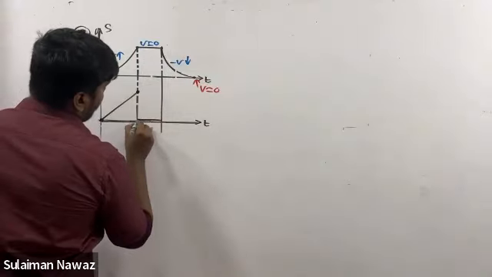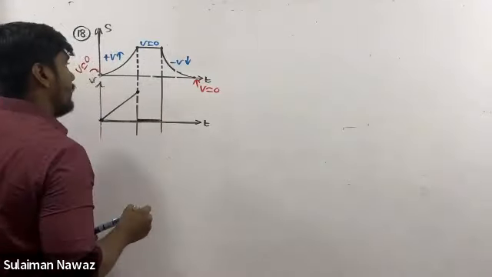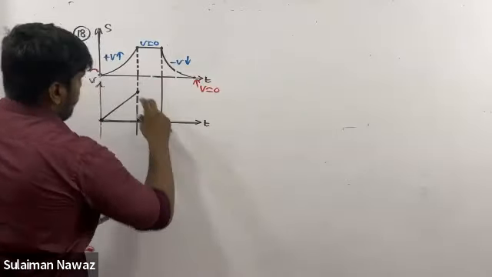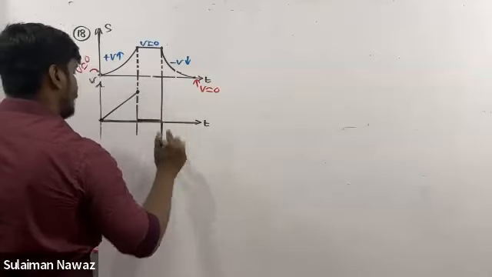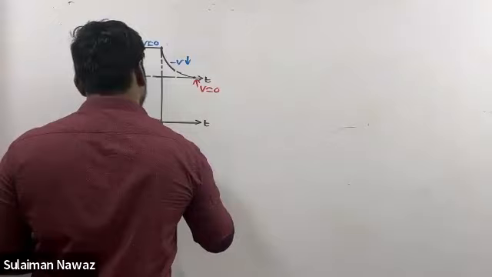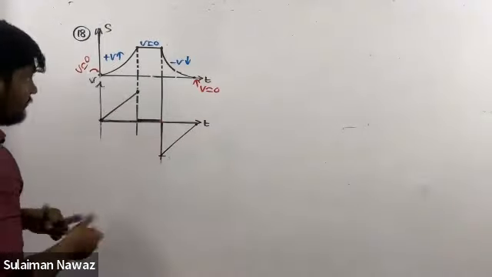Velocity is 0. Negative velocity decreasing. This height and this height will be same. Negative velocity decreasing. That's it.